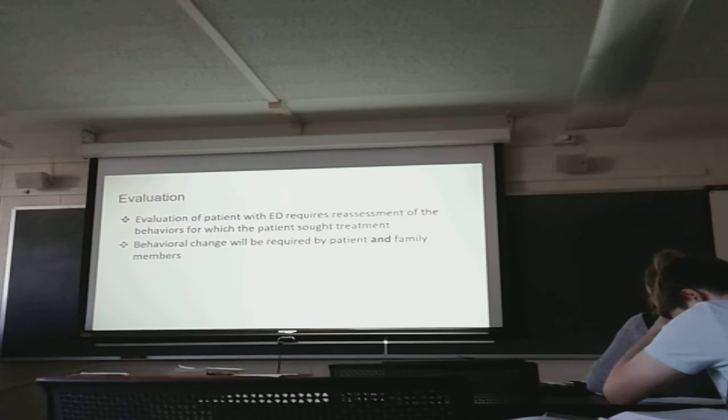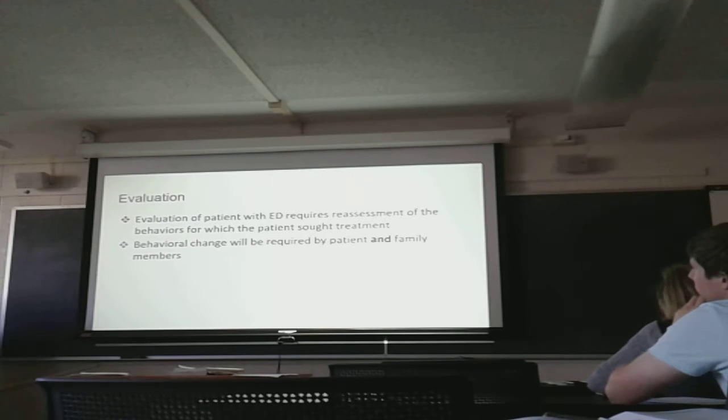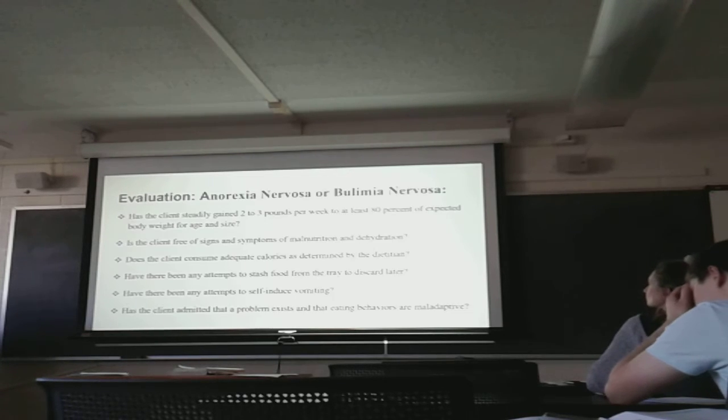So when you're doing evaluation, you look at what brought them in for treatment, and did they overcome them? So you would have to reevaluate what brought them for treatment, and whether they had made behavioral changes, the family and the patient.